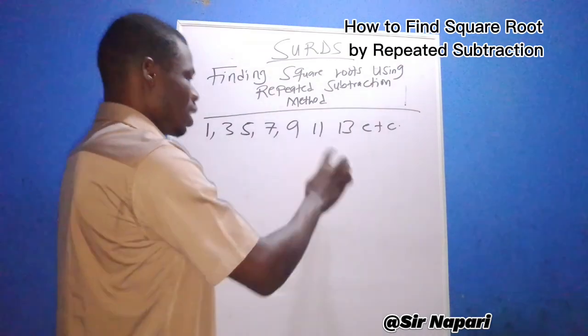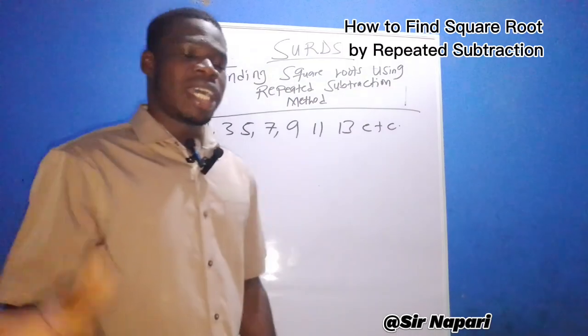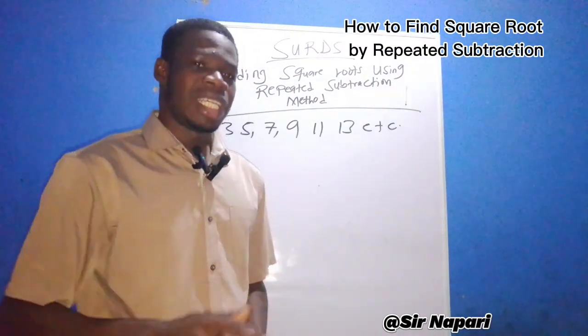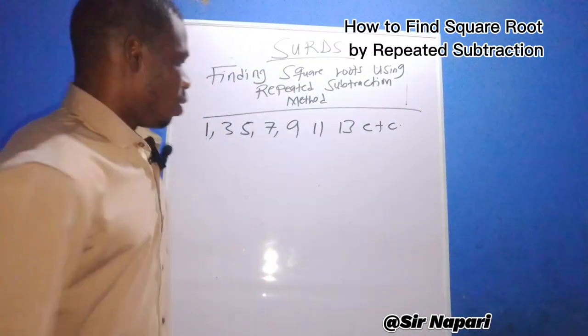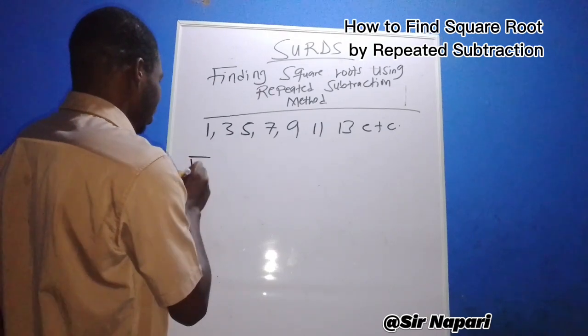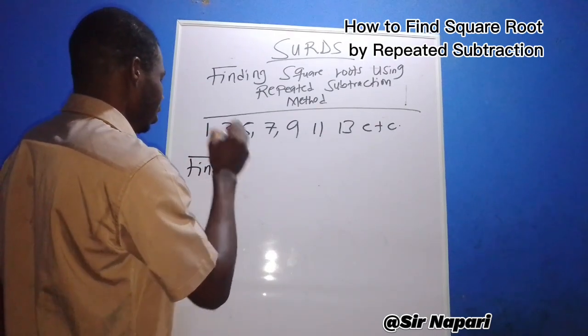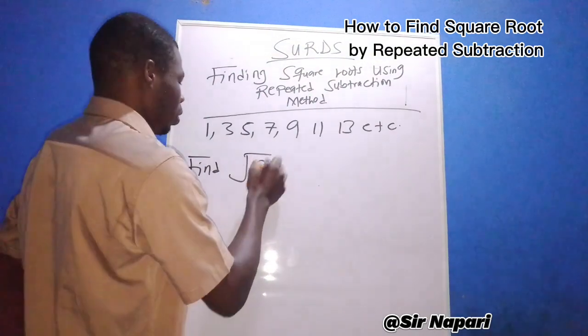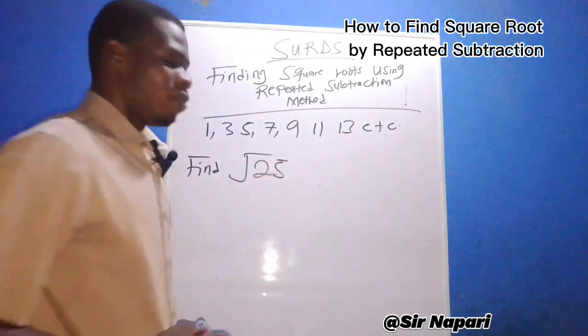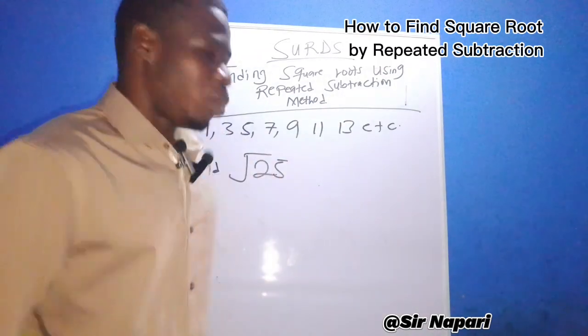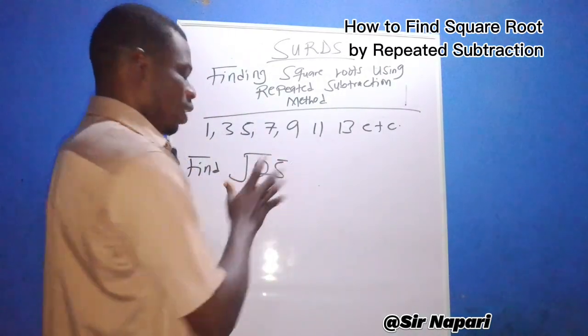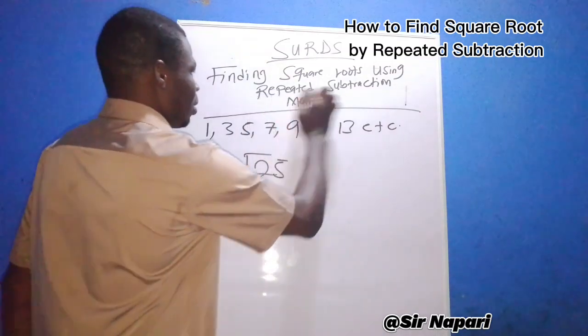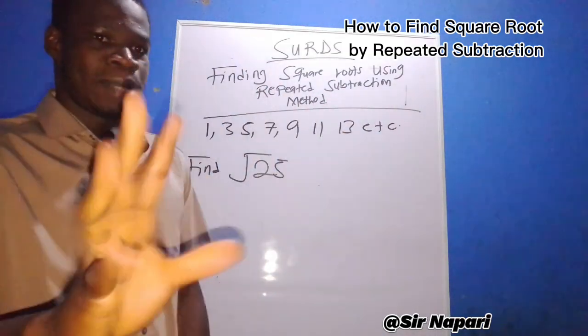Now we are going to use these numbers to simplify given roots, especially for perfect squares. For example, find the square root of 25. We are going to find it using the repeated subtraction method.